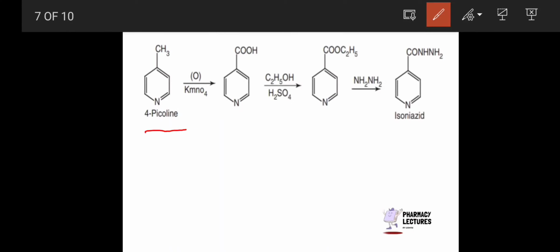This 4-picoline will undergo oxidation in the presence of KMnO4. Thereby, the methyl group present in the picoline is converted into an acid group, that is COOH group. So here we can name it as isonicotinic acid.